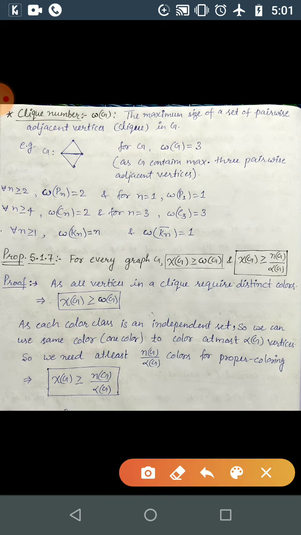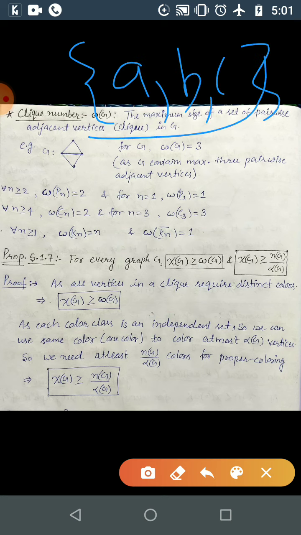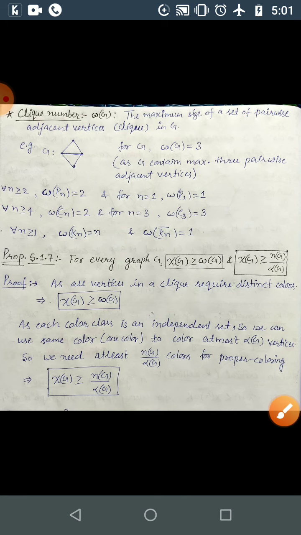A color class is a set of vertices, for example A, B, C, colored by the same color. So we take all vertices of the same color in a set, and that is known as a color class. Each color class is obviously an independent set, that's why we are able to color it with the same color.